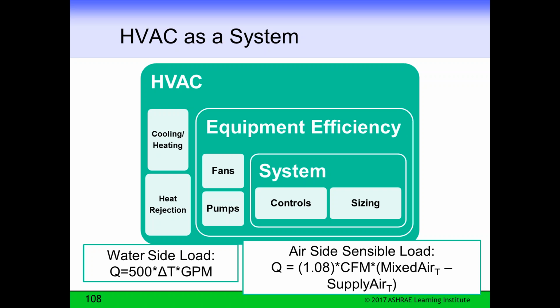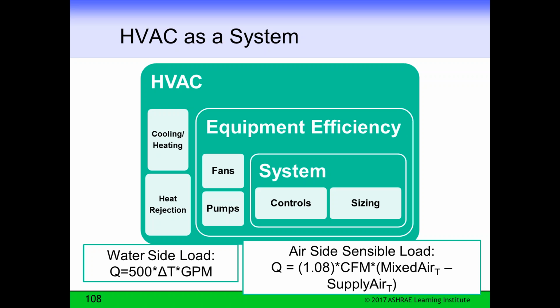Now, that's water side. If we're air side, then we're going to talk about sensible load. The reason we do that is because most rooms have a thermostat in them. Most rooms do not have a humidistat in them. So the sensible load is really what controls most air conditioning air side systems.